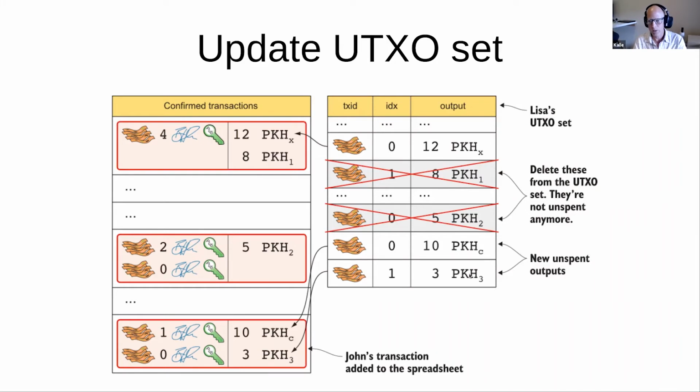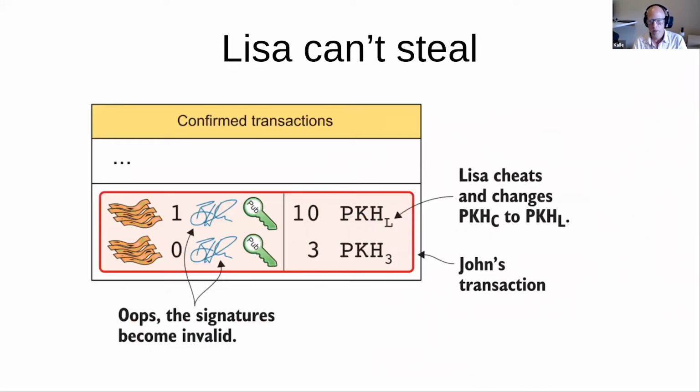And this is very important in Bitcoin too. We were trying to solve the problem that Lisa can steal. She can't do that anymore now, because the signatures cover the whole transaction.